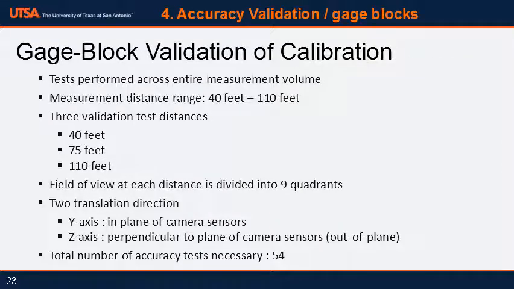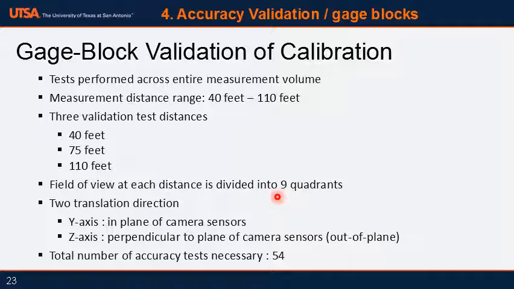So when we do a full measurement volume check, we look at distances between 40 and 110 feet. We typically do 3 of them: 40 kind of the beginning, the middle, and kind of the end of the measurement volume. We also look at the field of view, the image that you're seeing. We break it down into 9 quadrants, like a matrix of 3 vertical, 3 horizontal, and we measure the accuracy in each of these 9 quadrants.